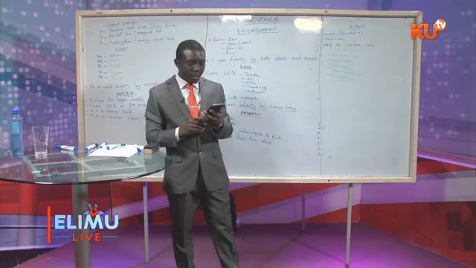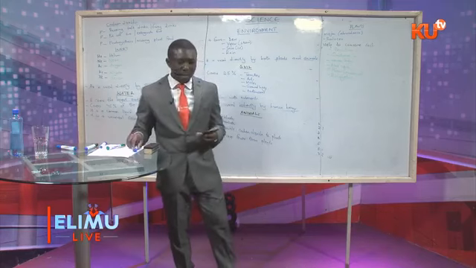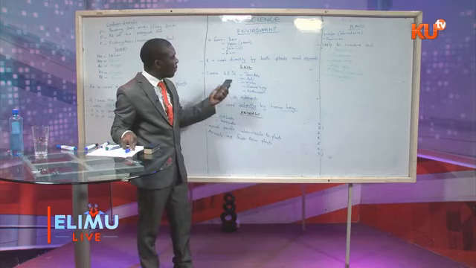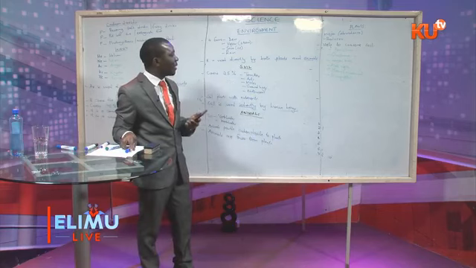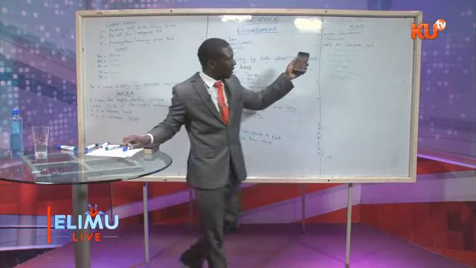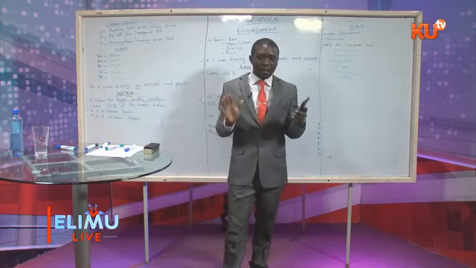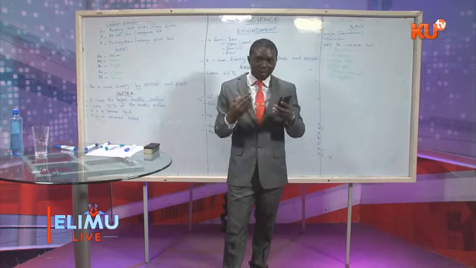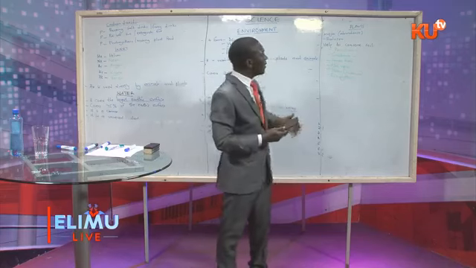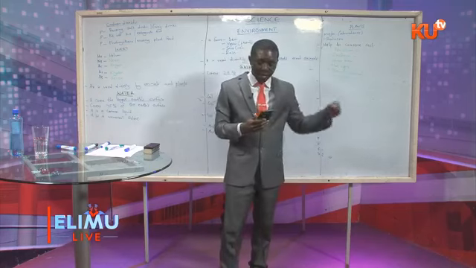Number one, David from Kiambu: why is air not the largest component? Air is the most abundant, so it means it is the largest component. But we say plants, remember, air is not a living thing. The main components of the living things, the ones that make the environment complete, David, are plants and animals.